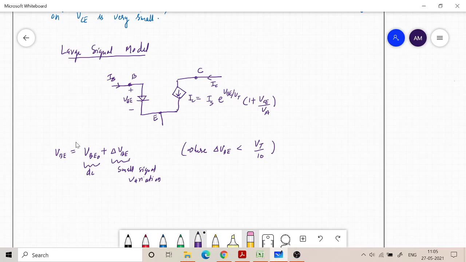So if it is sufficiently small, less than 1/10 of VT or 26, that will be like 2.6 millivolt or smaller than that. That much variation is only what we are giving here.